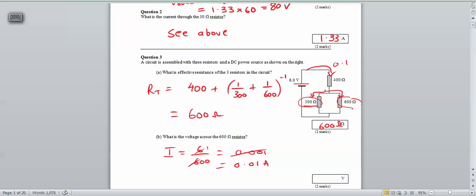What is the voltage across the 600 ohm resistor? In order to do that, we need to work out what the voltage drop would be across here. The voltage drop across the 400 ohm resistor, this is how I would do it anyway, is equal to the current times 400 ohms.